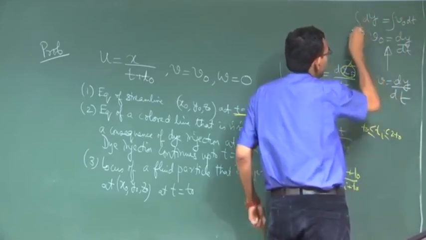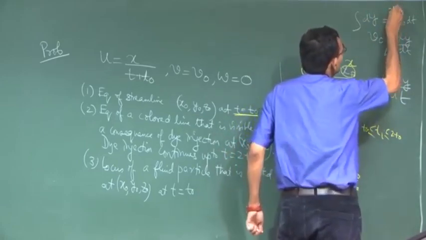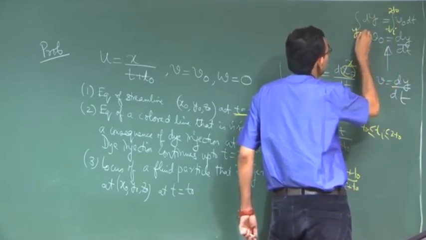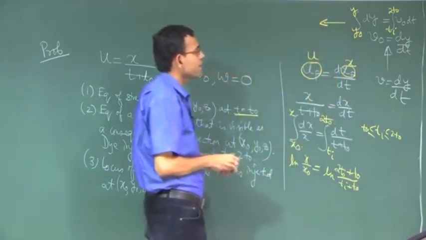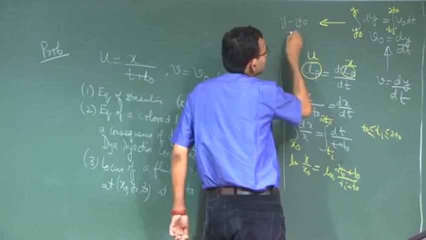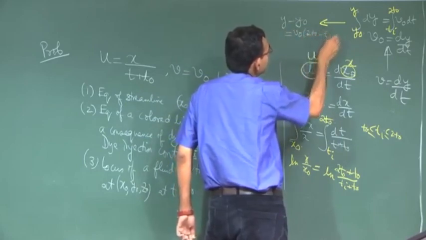So integrate, again the limits are ti to 2 t0 and y is equal to y0 to y. So this will give you y minus y0 is equal to v0 into 2 t0 minus ti.